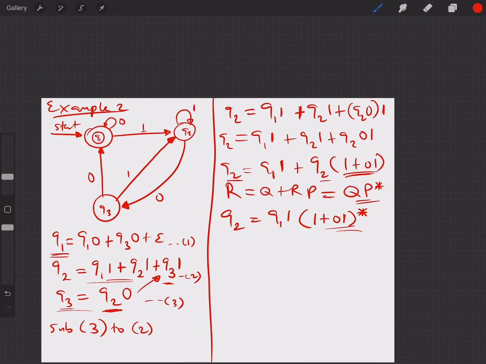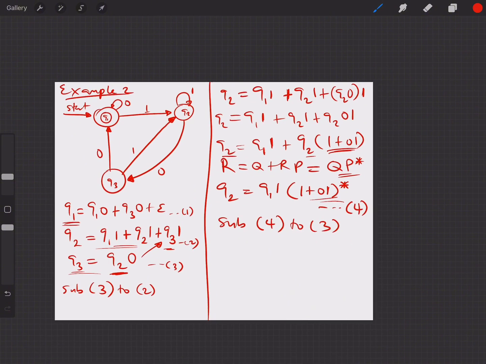That's not the end, because how do we put that into the final equation, which is Q1? We can't, but we can put it into Q3. So let's call this equation 4. Now substituting equation 4 into equation 3, what do we have?